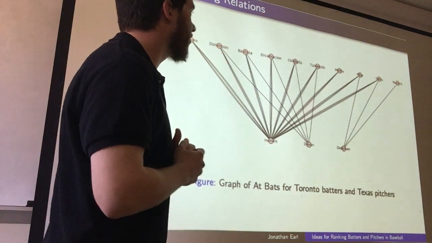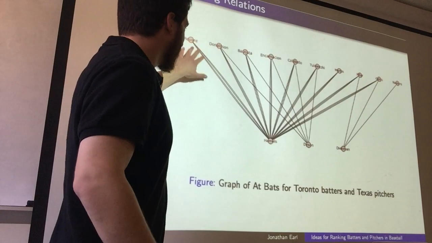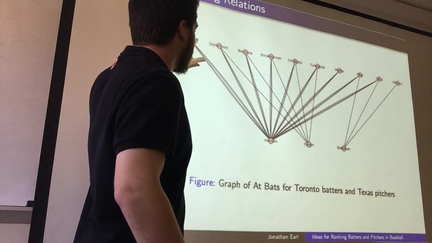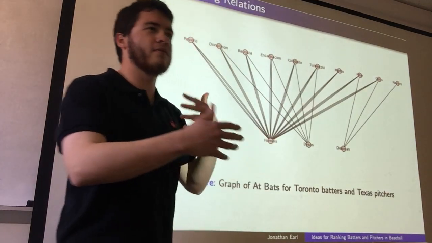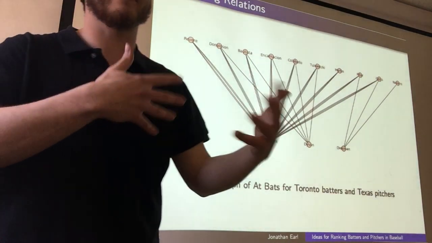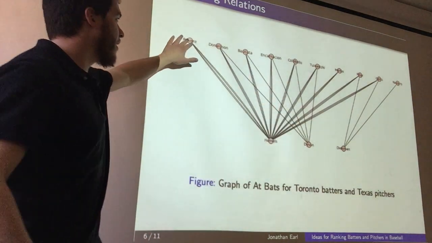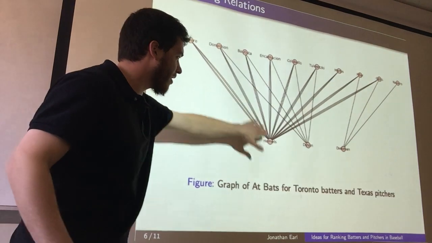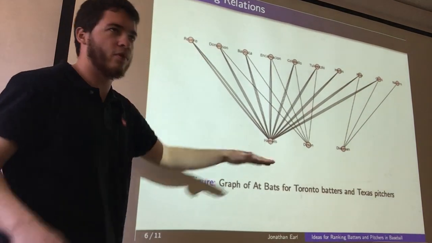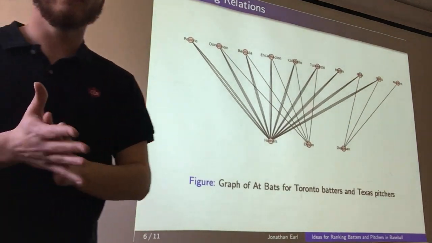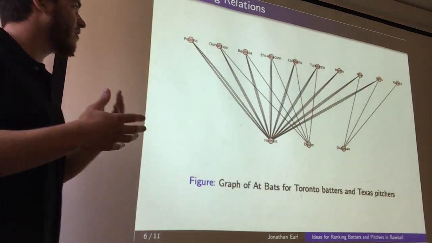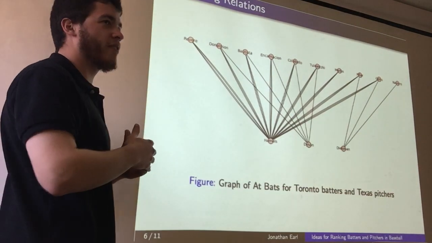It might be a bit hard to see, but each edge between a batter and a pitcher gives the number of times that batter faced that pitcher. So in this case, for Ben Revere, there are 4 edges going between him and Cole Hamels because Revere faced Hamels 4 times. So the main idea is that we can do this across every single game.